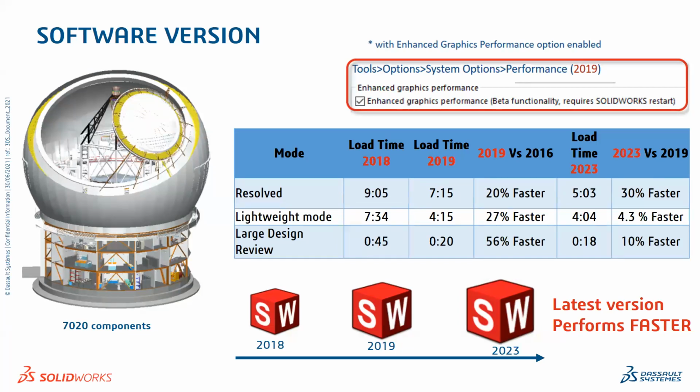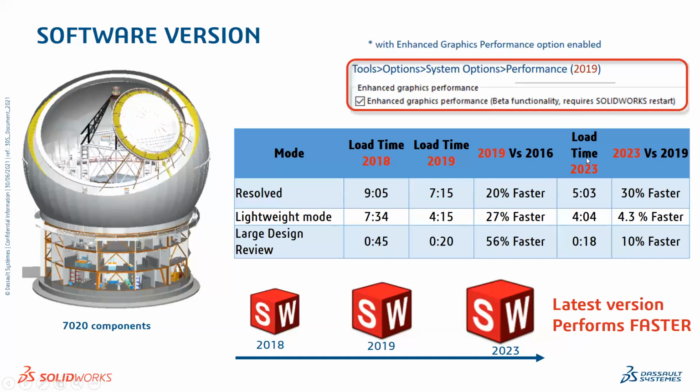You can see here this telescope assembly. It has more than 7,000 components. We have data on the open time of various versions of SolidWorks, for example 2018, 2019, and 2023, and we compared how each version performed. In resolved mode, initially it took 9 minutes, and in 2019 it takes just 7 minutes, so comparing 2019 with 2018, it's 20% faster.